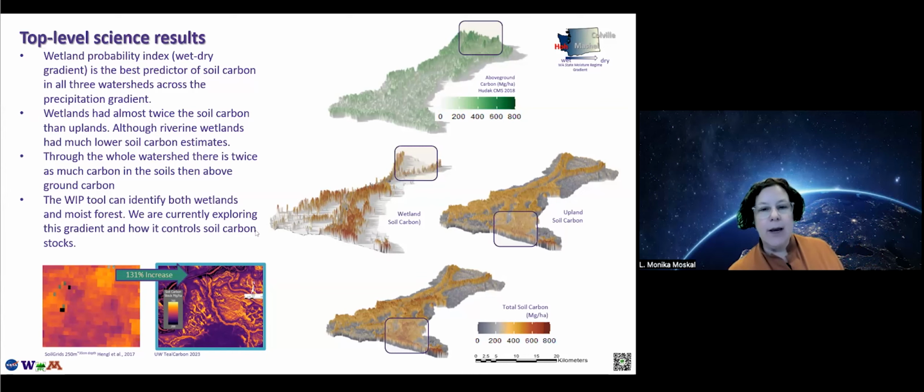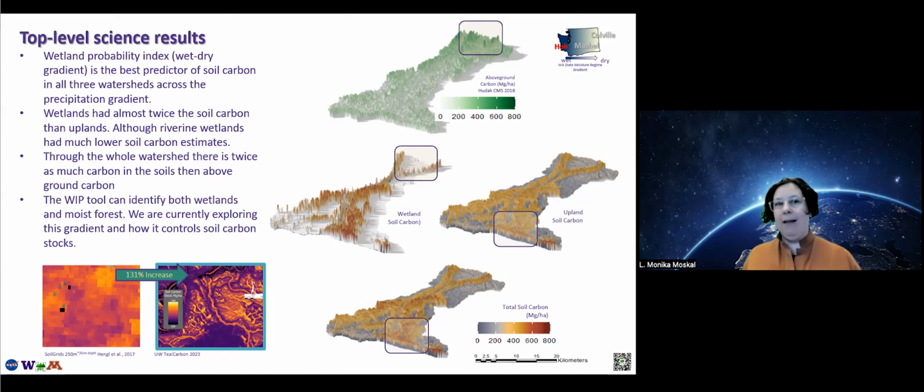So this is the Hoh study site, and I'm only going to show this particular example. What you can see is that when we have a lot of above ground carbon, old large trees, we do have below ground carbon, but in areas that don't necessarily have a lot of trees or large old rainforest trees, we have quite a bit more carbon.